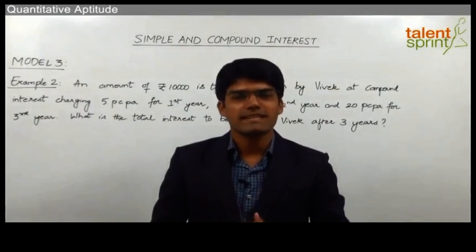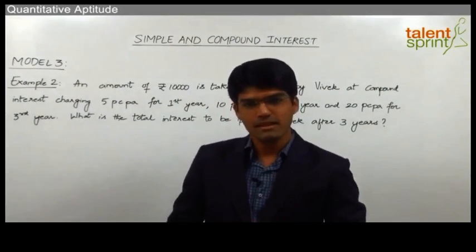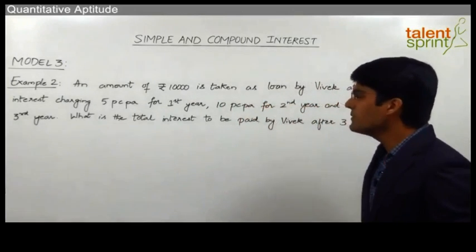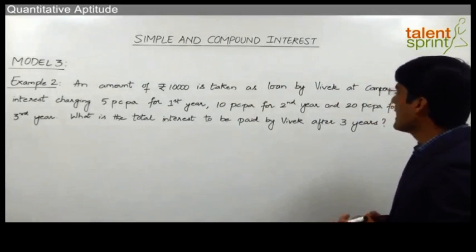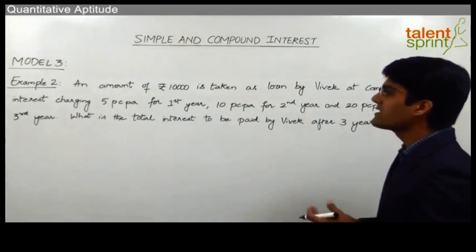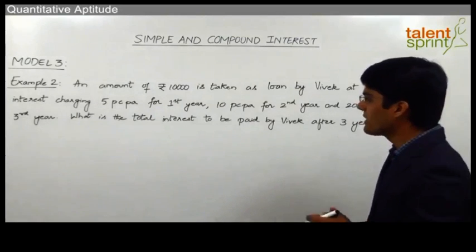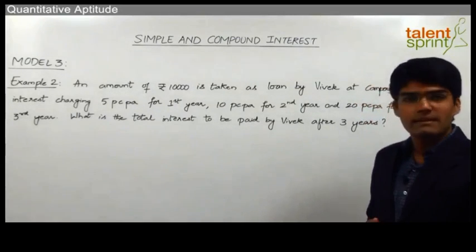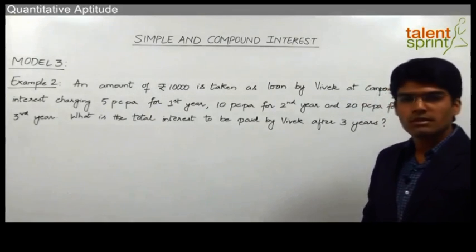Let us now take an example on varying rates of interest for the case of compound interest. The question here is, an amount of rupees 10,000 is taken as loan by Vivek at compound interest charging 5 PCPA, that is 5% per annum for the first year, 10% per annum for the second year and 20% per annum for the third year.